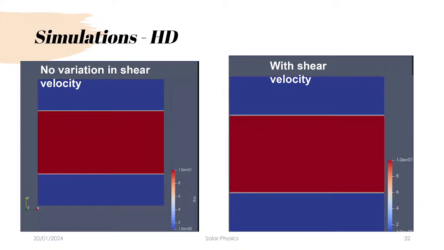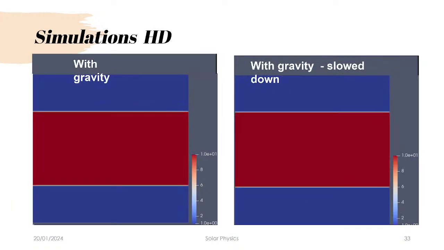And next is with shear velocity. Yeah, so we can see that there is some kind of KHI being formed, and ultimately that can lead to turbulence.